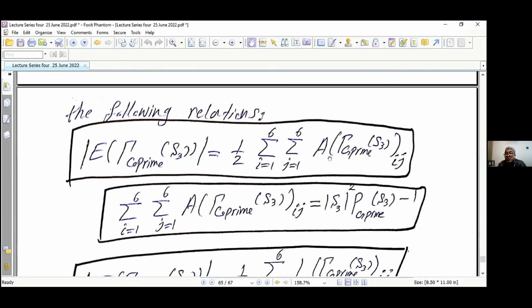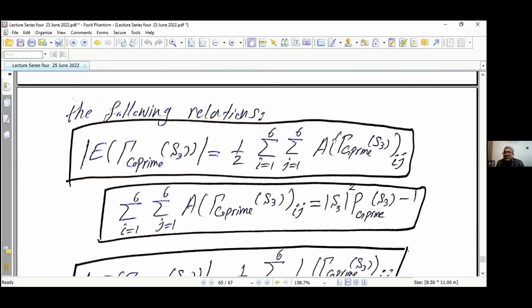The sum of all entries in the adjacency matrix divided by the order of S3 squared is exactly the co-prime degree.